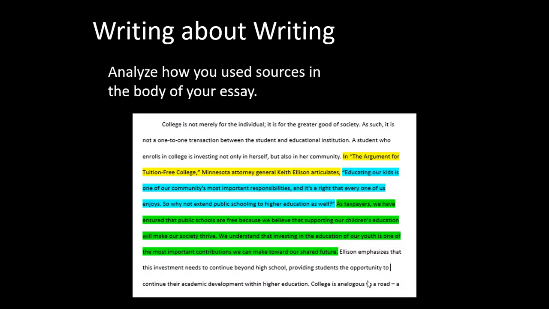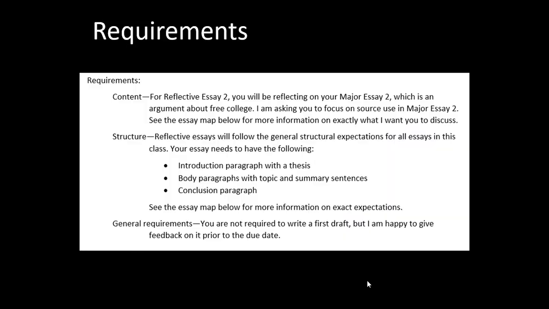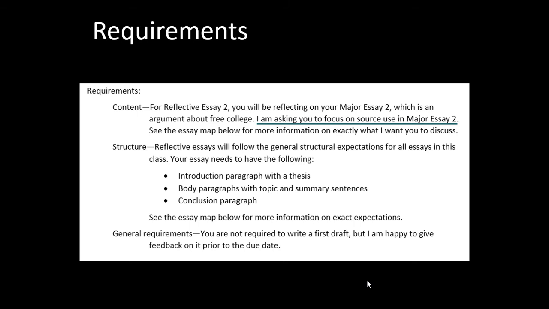So in reflective essay 2, you are going to be analyzing how you use the sources in the body of your major essay 2. As far as requirements, for the content, I'm asking you to focus on source use in major essay 2. For the structural requirements, in your reflective essay, you need to have an introduction paragraph with a thesis.